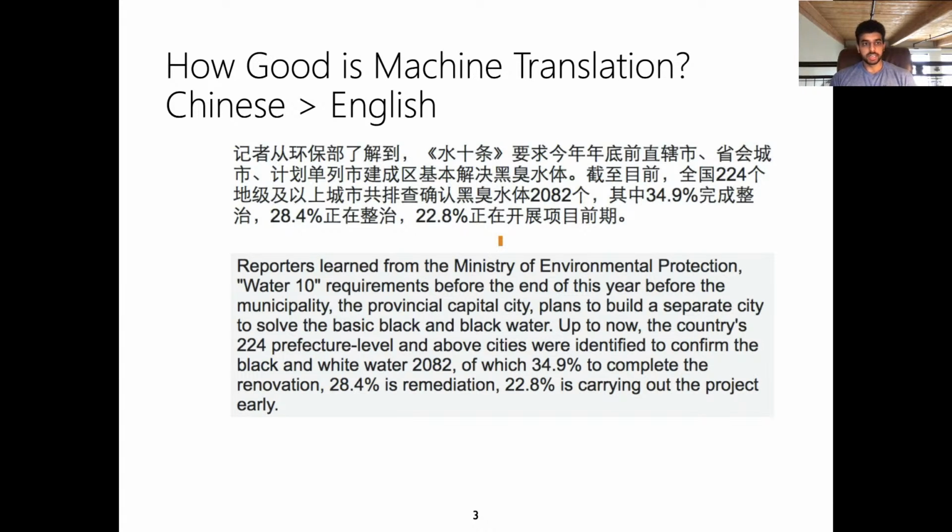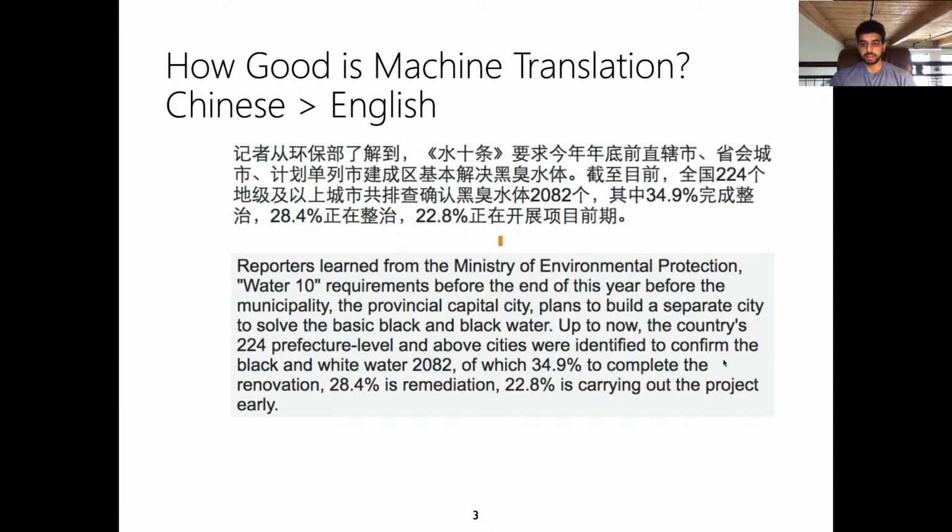So here in this Chinese to English example, we see the system's output is not very coherent, right? It says, the reporters learned that this ministry plans to build a separate city to solve the basic black water up to now, blah, blah, blah.